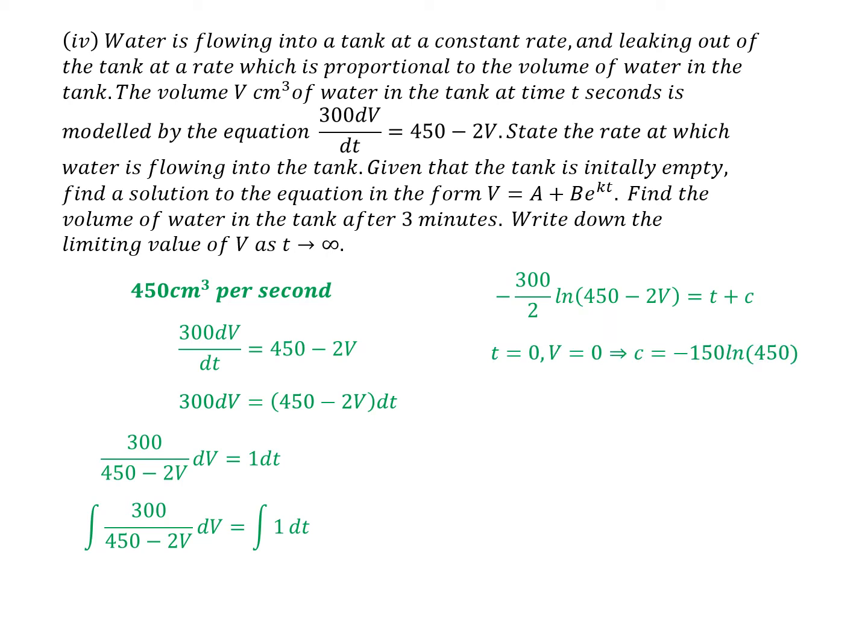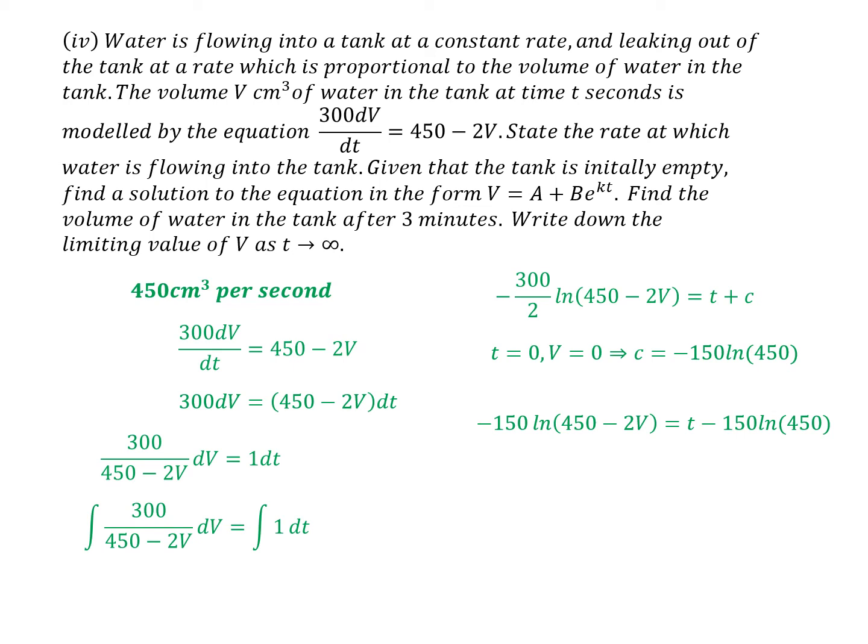We're told that initially the tank is empty, so when t is 0, v is 0. Putting t is 0 and v is 0 into this, we get c is minus 150 ln 450. So we can put that into there, and we get this equation.